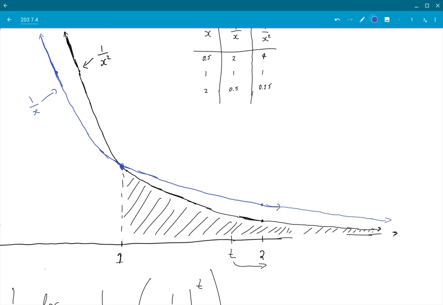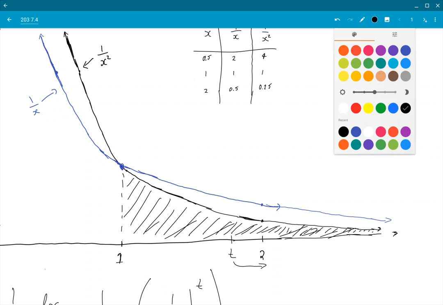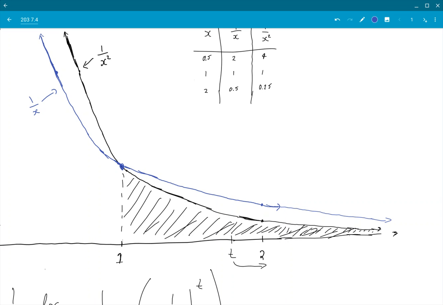So this black area underneath is just 1. But if I look at this blue area, it turns out to be infinite. Okay, well, the picture doesn't quite show you everything that's happening. I guess the idea to simplify is that this curve here is just not coming down fast enough.